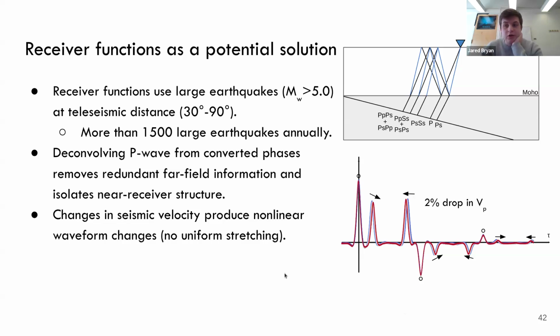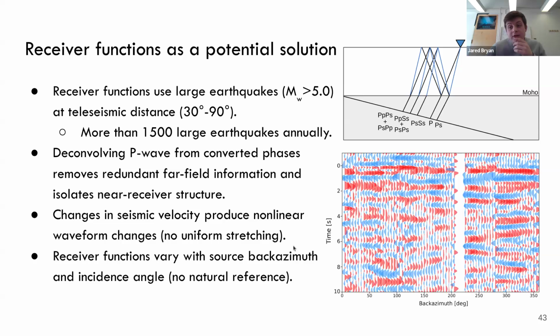So the price you pay for having some seismic signal that propagates from the bottom up here, to give you your depth sensitivity, you pay for in complexity of the waveform variations that it produces.